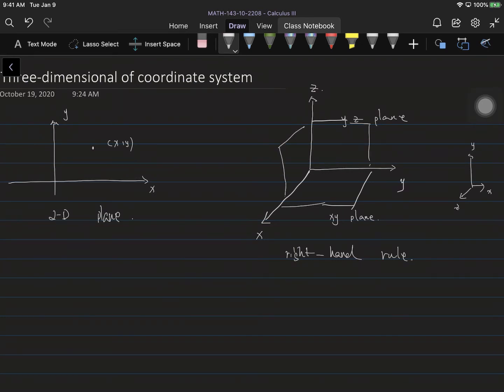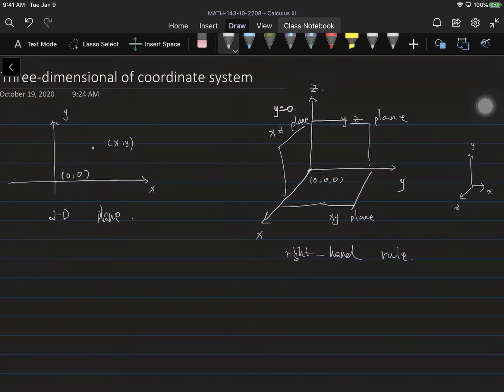And then we also have the xz plane. If we look at this plane, that means y equals 0, so all the points are on the xz plane. And we also have the origin. The origin is given by (0, 0, 0). And in 2D, the origin is just two zeros, right?